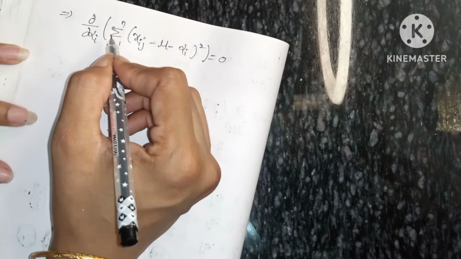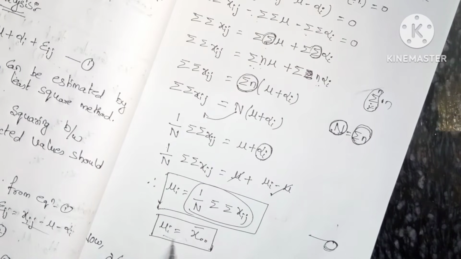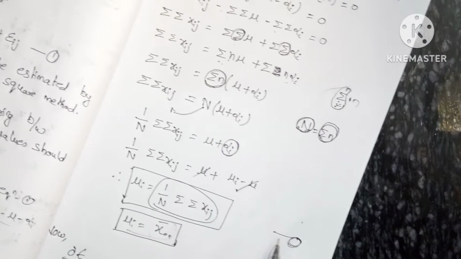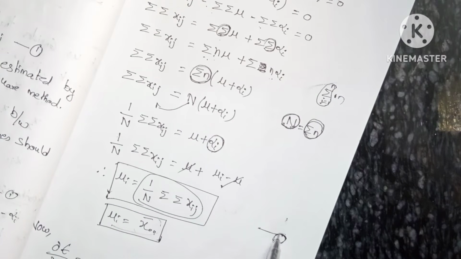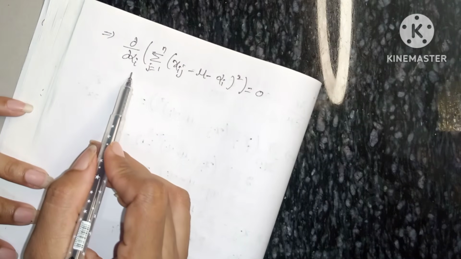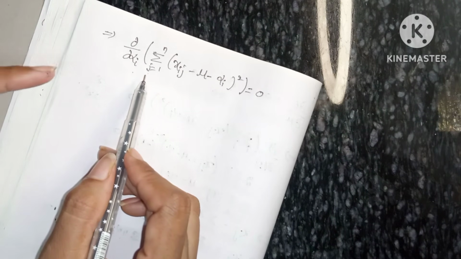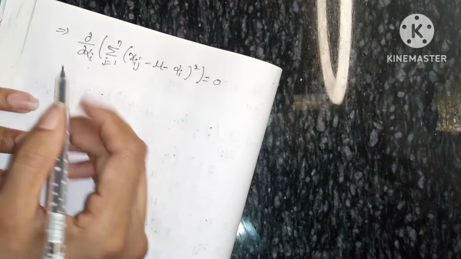Then why did we take both summations earlier? Because the overall mean means the rows and columns total together, so we took the double summation. But here, it is either column wise or row wise, so we do only one summation.